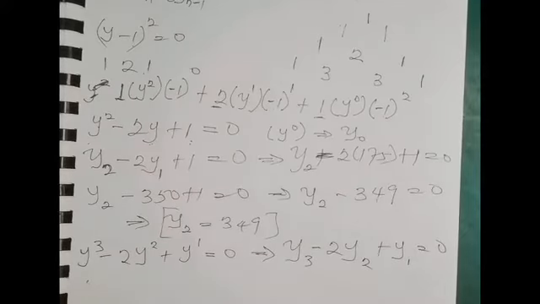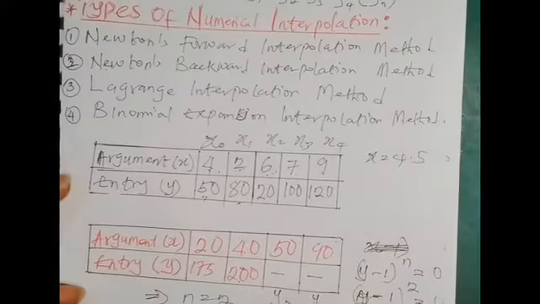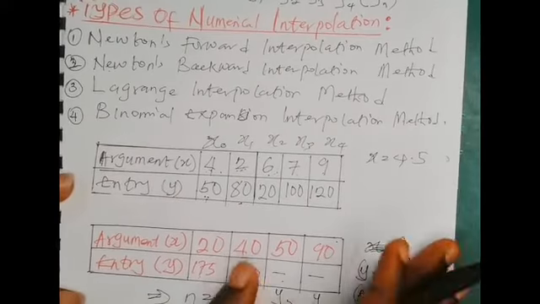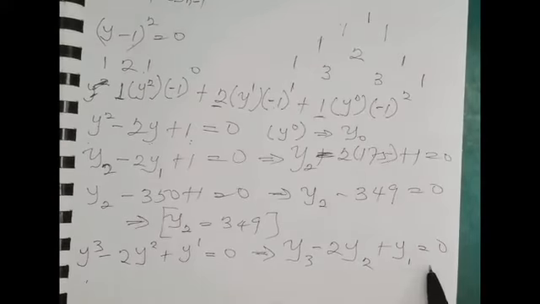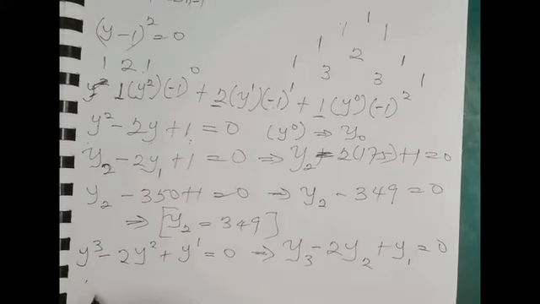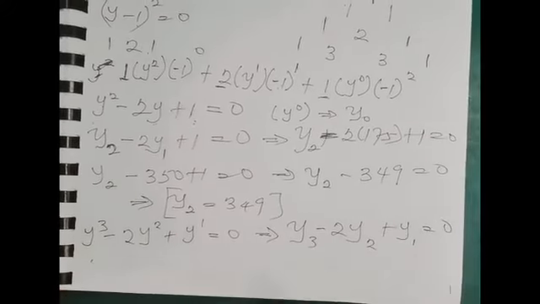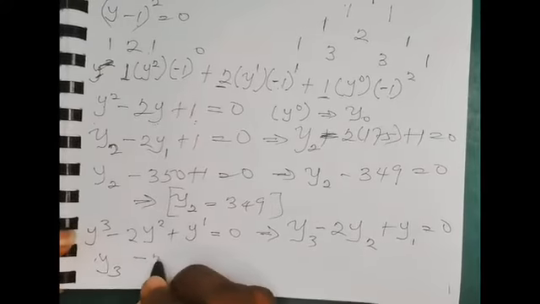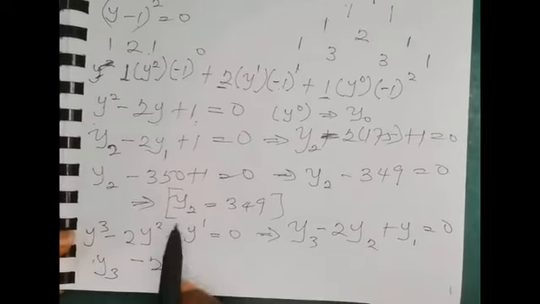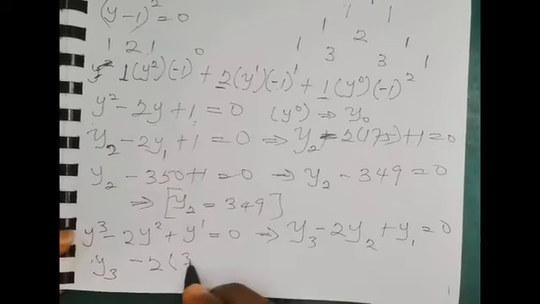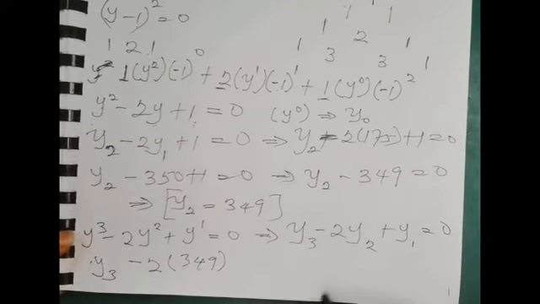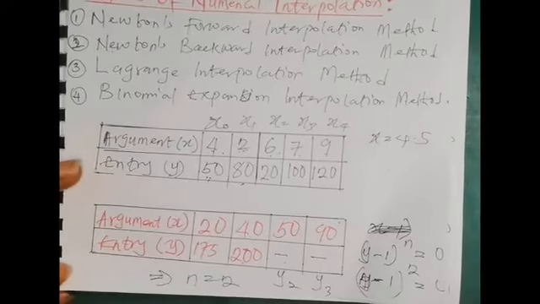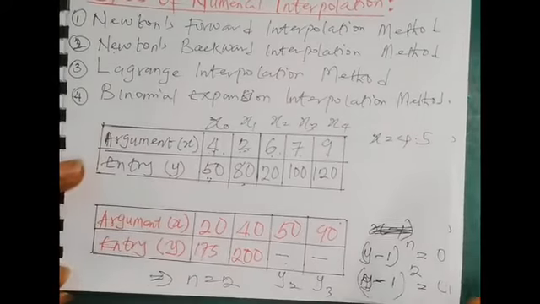And if you take a look at the table, we've already obtained the value of y2. We know what y2 is, we know what y1 is. Then we can simply plug into this equation and obtain the result for y3. So y3 is now going to be minus 2 times y2. Y2 is the value we obtained here, which is 349, plus y1, and y1, as can be seen from the table, is simply 200.